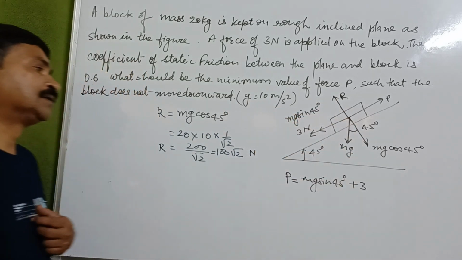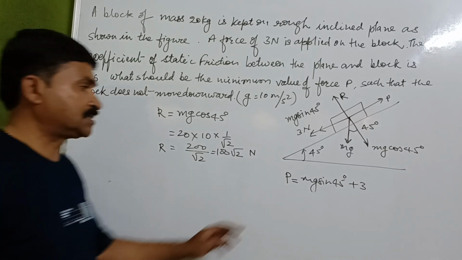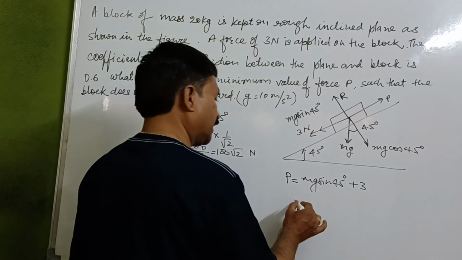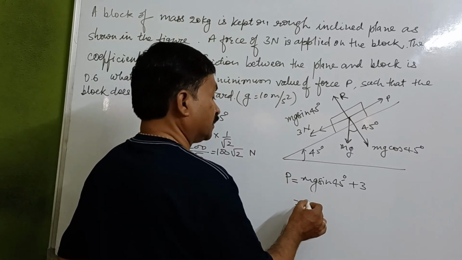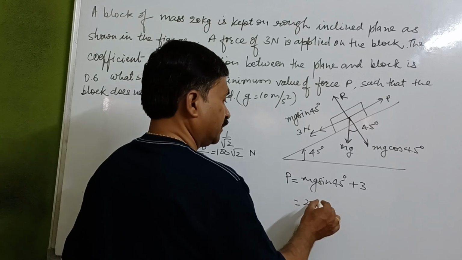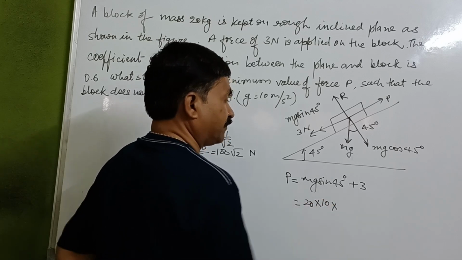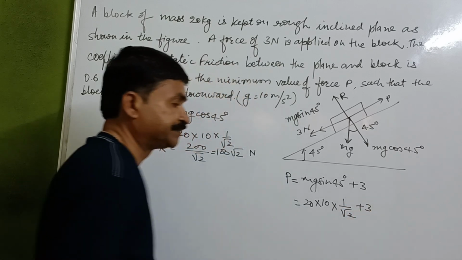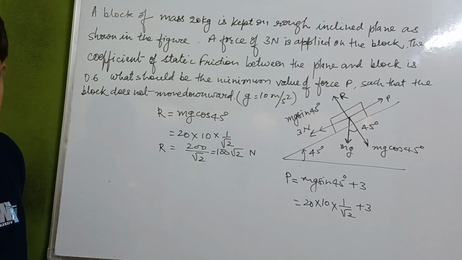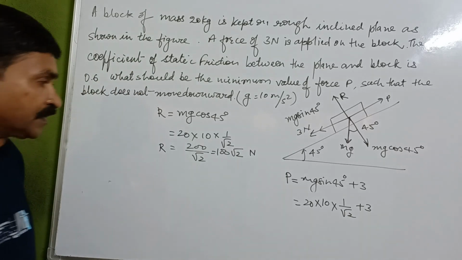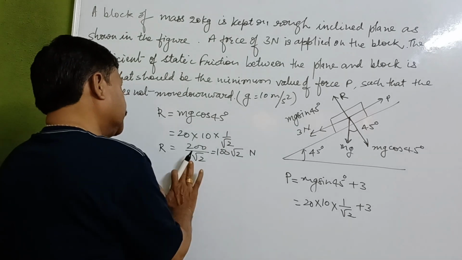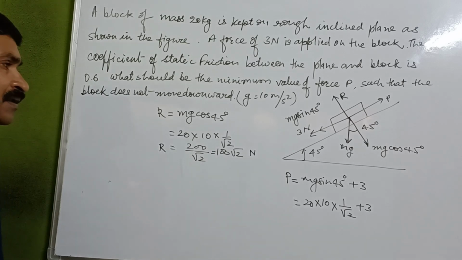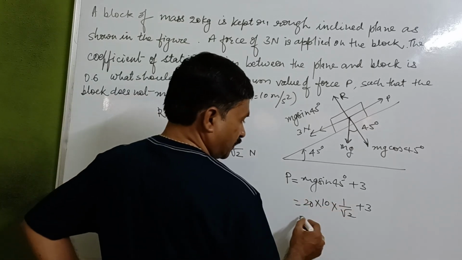Now P is equal to mg sin 45 plus 3, so we can calculate it. m is 20, g is 10, sin 45 is 1 upon root 2, plus 3. First we will calculate the force of friction also, so let us calculate this and keep it.